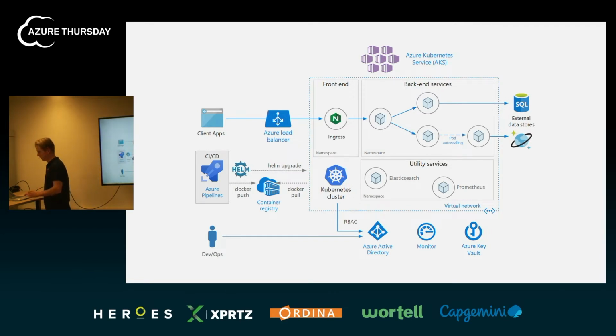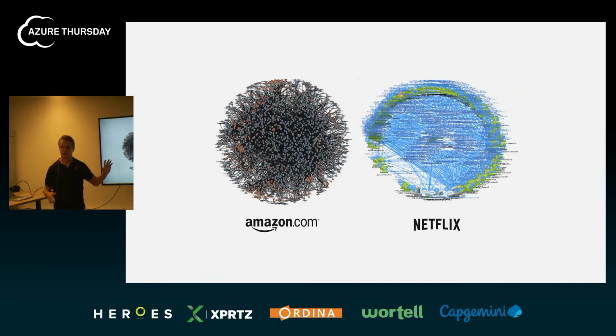And this is only a getting started example. When we think a little bit bigger, when we think about these tech giants nowadays, these are examples of their infrastructure. They're called Death Stars.